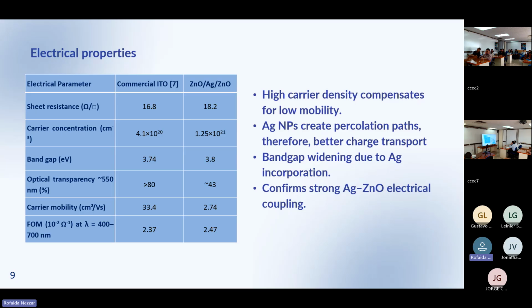That indicates the electron injection from silver. But mobility, as we can see, is lower, roughly 2.7 compared to indium tin oxide 33, due to electron scattering at the interfaces. Still, the high carrier density compensates for this lower mobility, and the result is comparable conductivity.